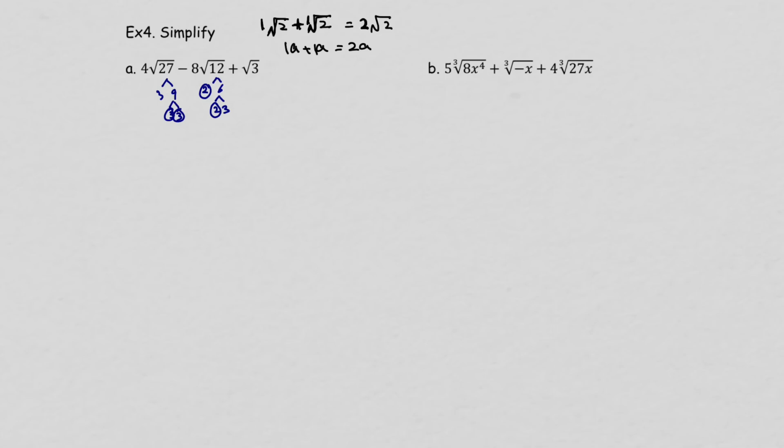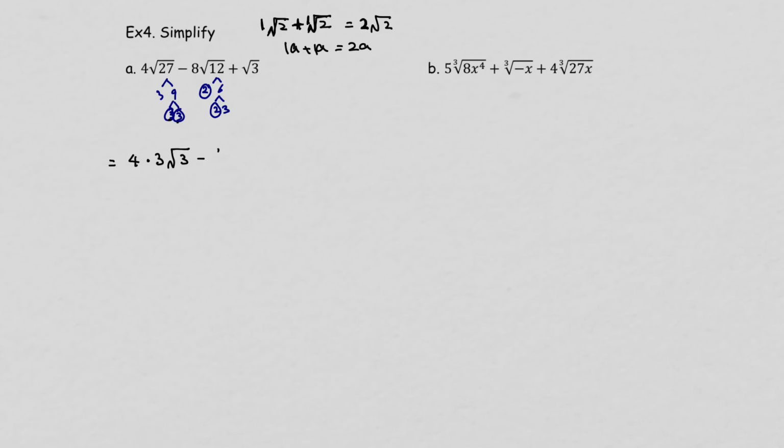So I'm going to write this to show you what I will have. I start with the 4 times the same two numbers will be out, and 3 will stay, right? It's the 3 that didn't have a match.